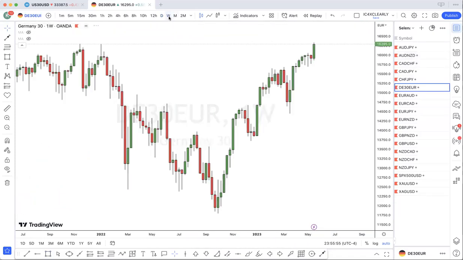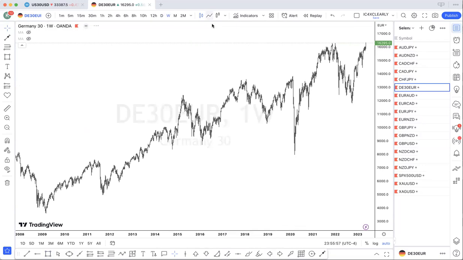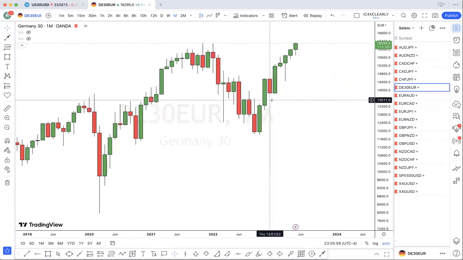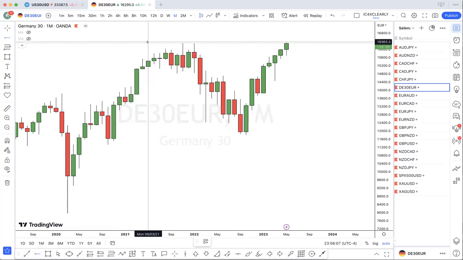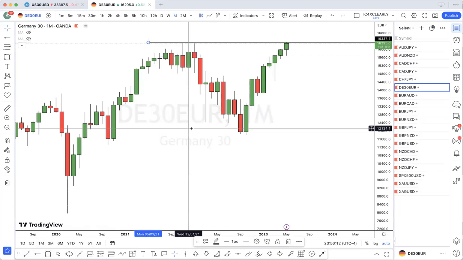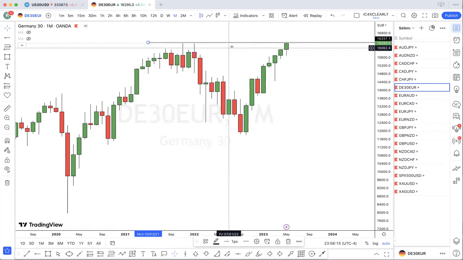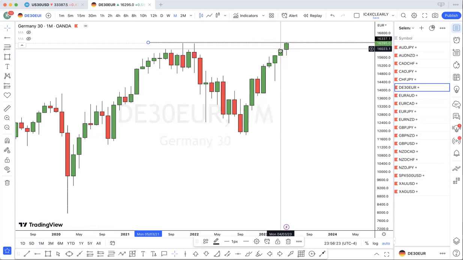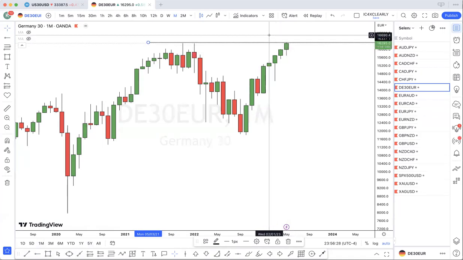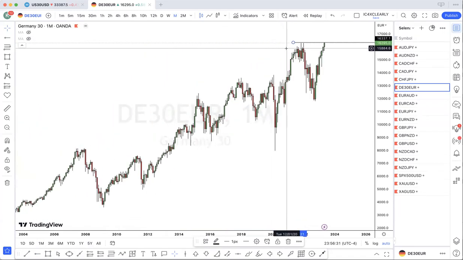GER30. GER30 has a bullish order block. Let's go to the monthly. GER30 is at an all-time high. Wow. Okay. There is pretty much liquidity here. Tap this wick, this wick, this wick. So I'm definitely expecting a push up.